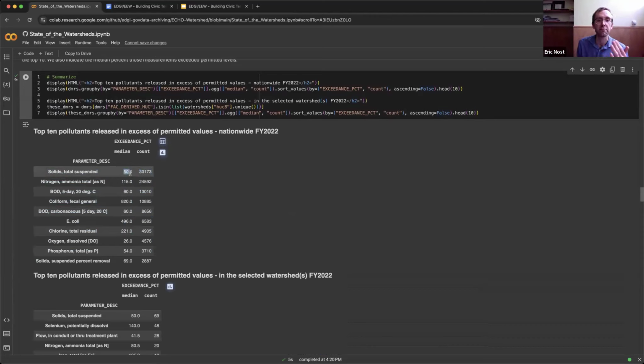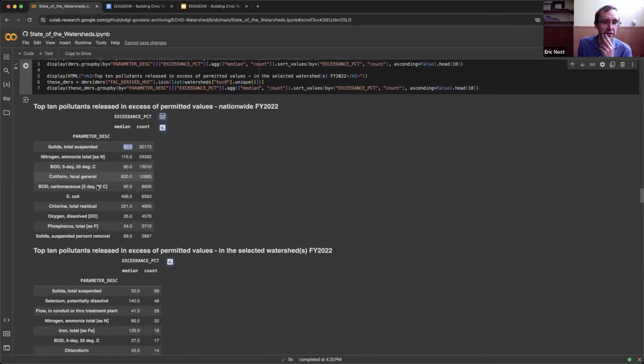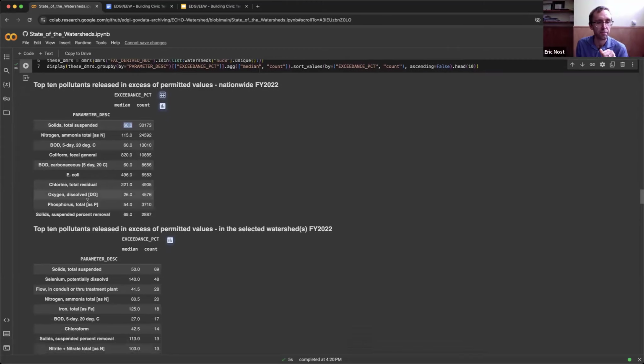But the median percentage at which the values are reported above the permitted threshold are quite a lot, 60% over. And we see pretty high numbers for all of these other substances as well.